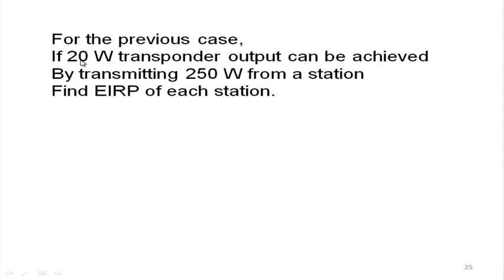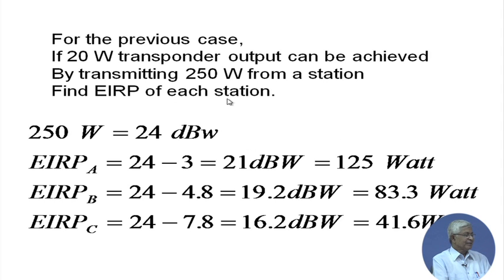And then, if the 20 watt transponder output can be achieved by transmitting 250 watt from a station, this is another way: without knowing the loss, if you know how to saturate the transponder. Here it is not saturating, it is with backoff. So, if a 250 watt transmission can generate 20 watt output, find the EIRP.